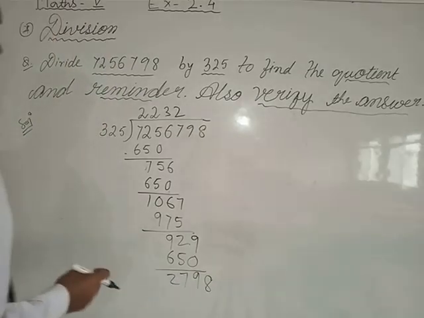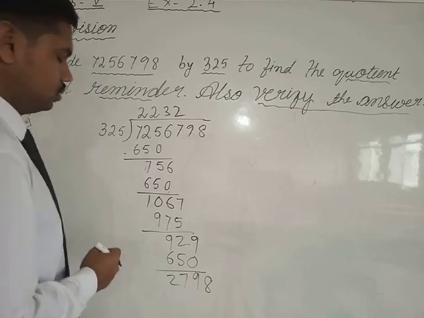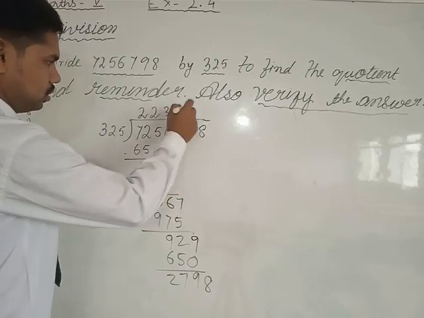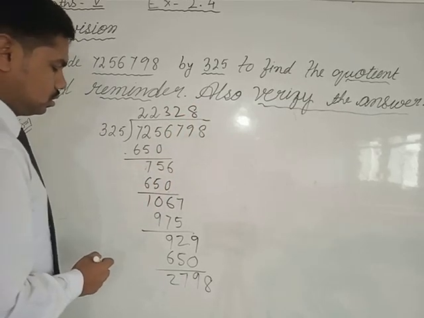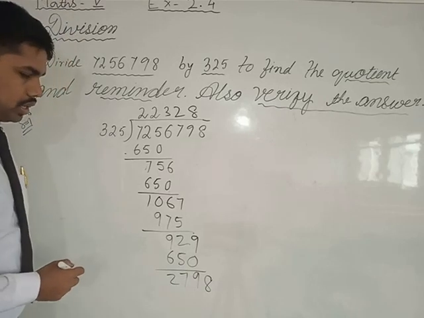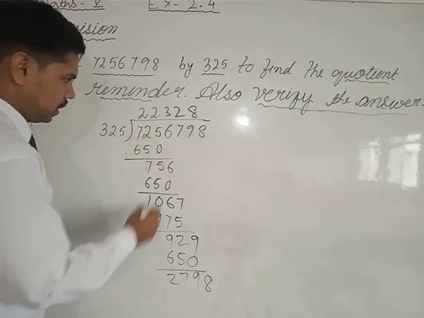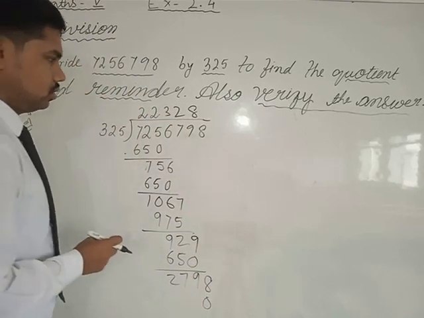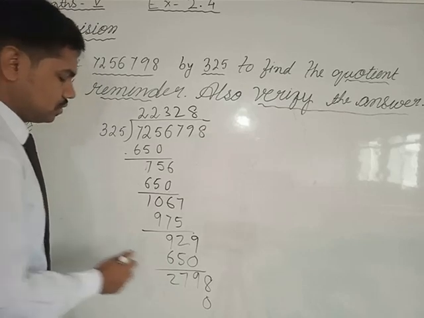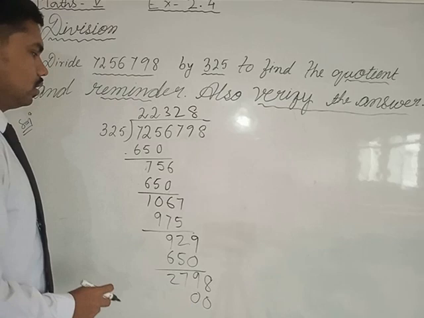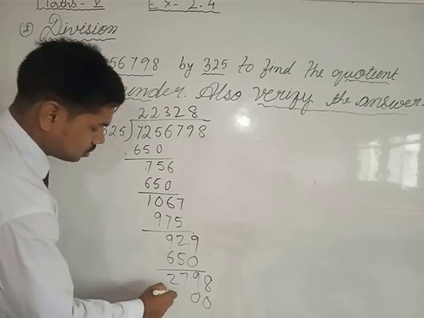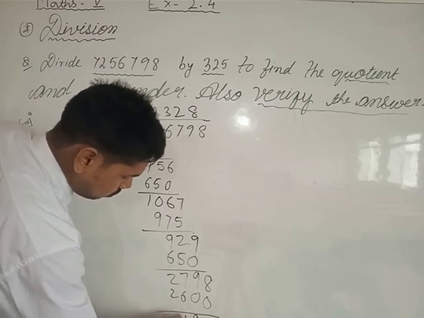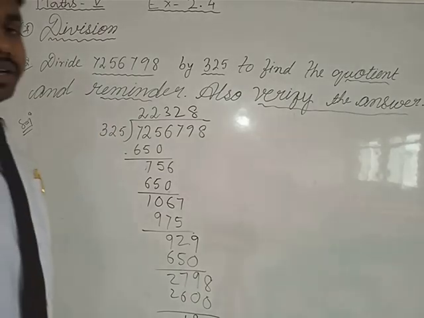So how many times? 3 eights are 24, 3 nines are 27, so definitely 8 times. Check: 8 times 5 is 40, write 0 carry 4; 8 times 2 is 16, plus 4 is 20, write 0 carry 2; 8 times 3 is 24, plus 2 is 26. So 2600. Subtracting, 198 will be the remainder.